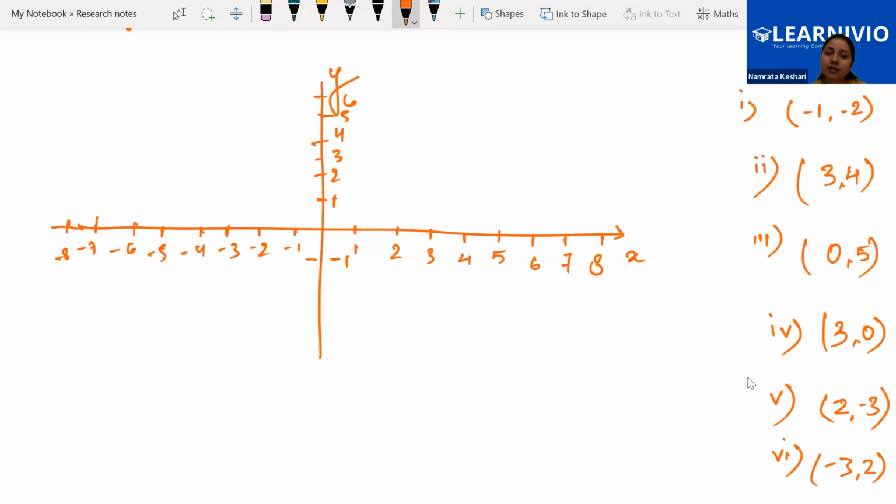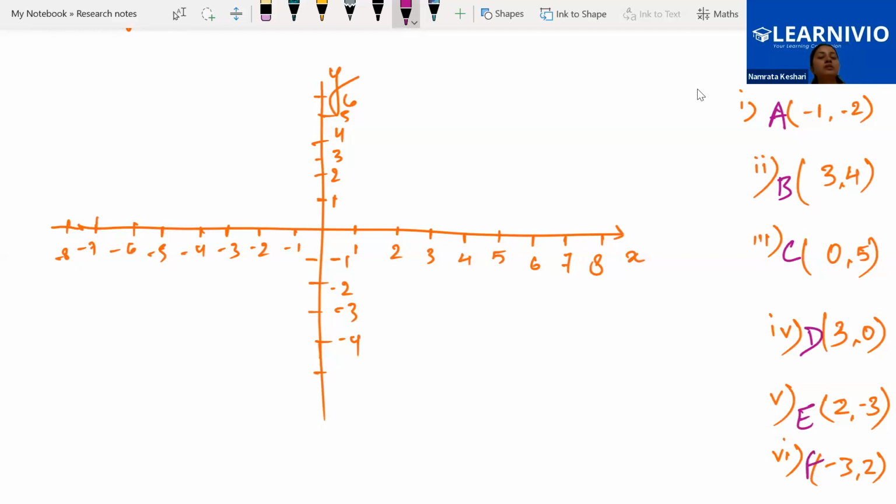Downside -1, -2, -3, -4, and so on. Now can you see all these points? Let me name them also. The first one, point A, point B, point C, point D, E, and F.